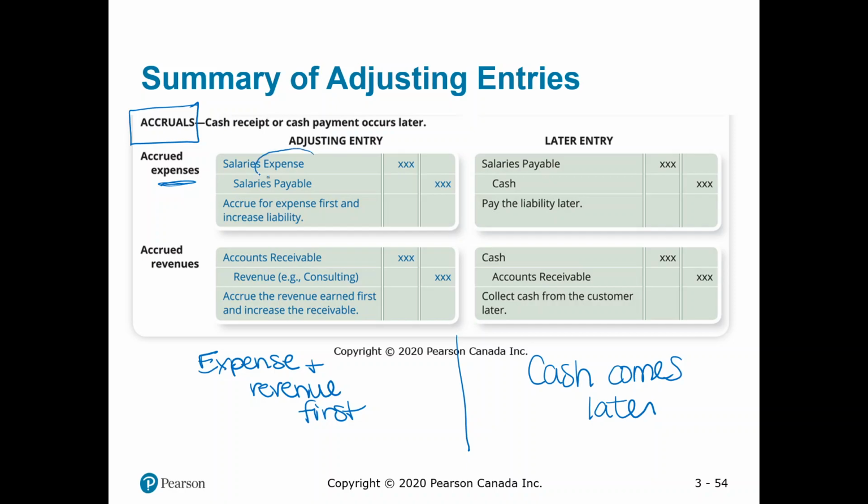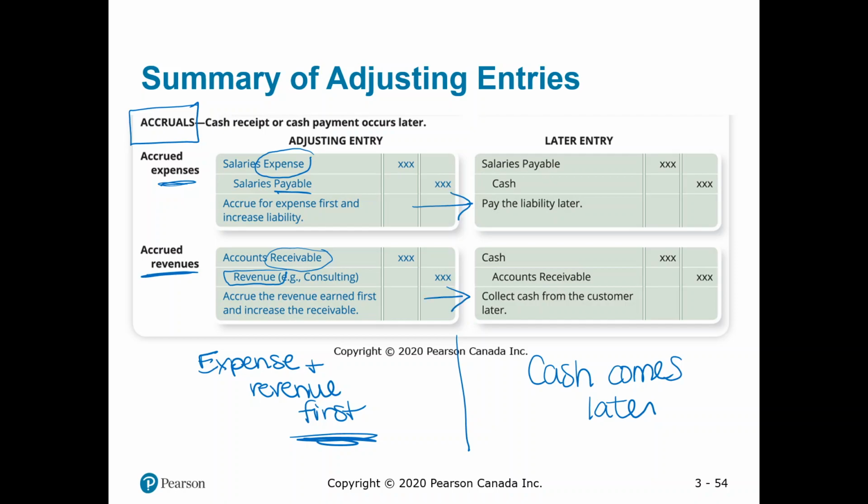So we're recognizing the expense and a payable. For accrued revenues, we've done the work, we've earned the revenue, but we haven't got paid or nothing's been recorded. So now we're recognizing the revenue and we have to set up this receivable. So that comes first, and then later the cash actually changes hands.